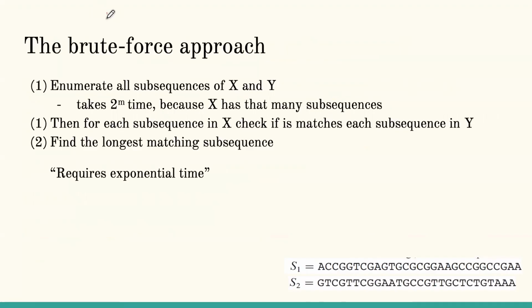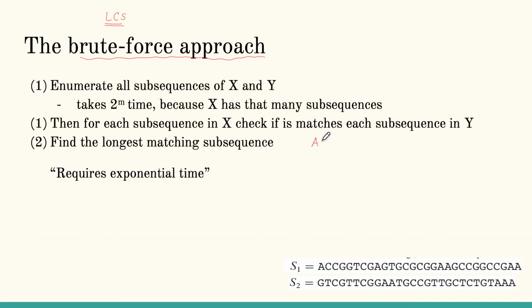So how do we solve the LCS problem? One naive approach is to use the brute force approach. Before we discuss it, let's quickly see how many possible subsequences we can have for a sequence of length 3.